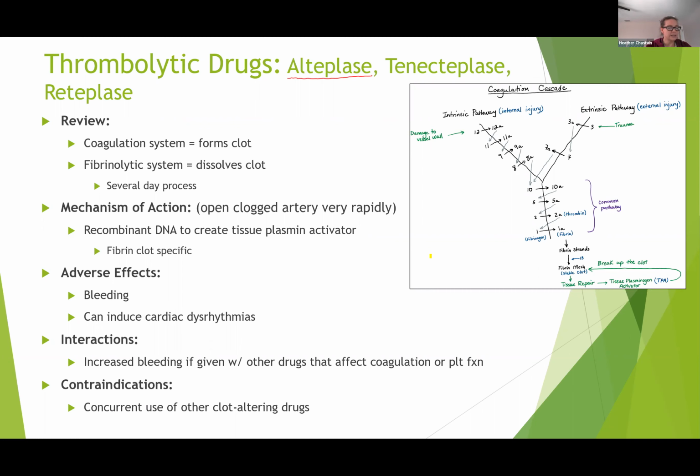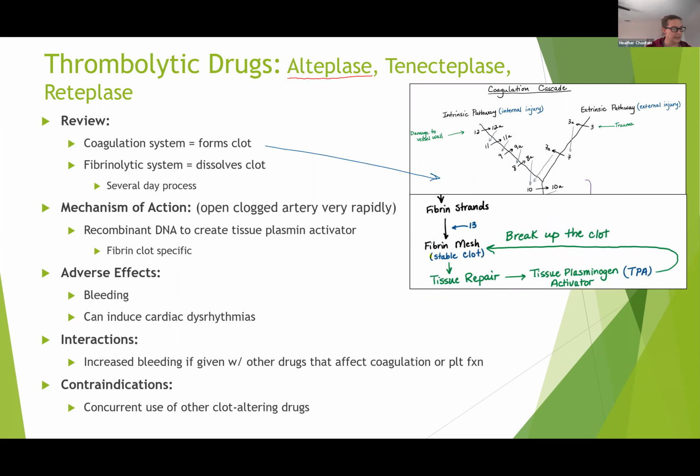The coagulation, okay, so just to review, remember, coagulation system forms a clot. So that's the part we've been talking about so far, this part right here. And then you have the fibrinolytic system, which is right here. And that is where the clot is formed and then the clot is broken up by the body, right? So let's take a closer look at this, okay?